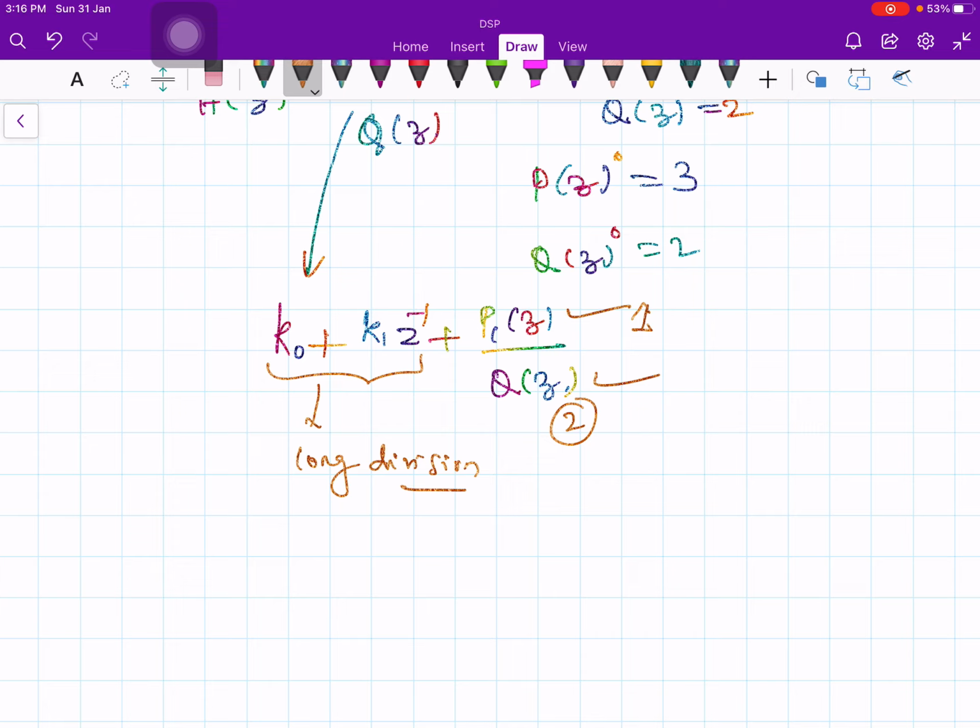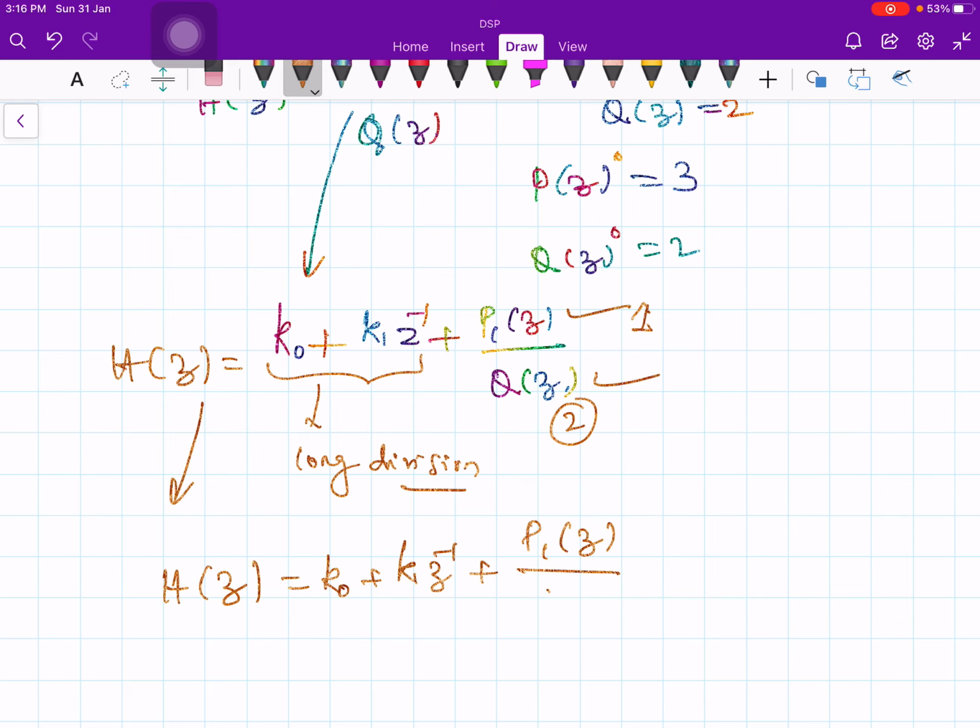So you must look at the given function very carefully. So in this case your H of z becomes k0 plus k1 z inverse plus P1 of z divided by Q of z.